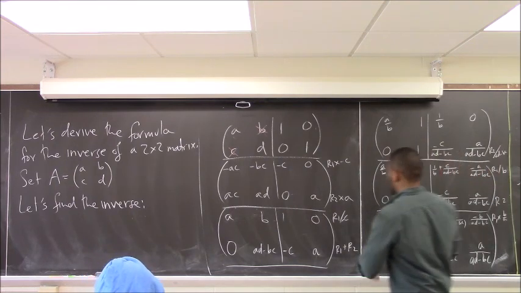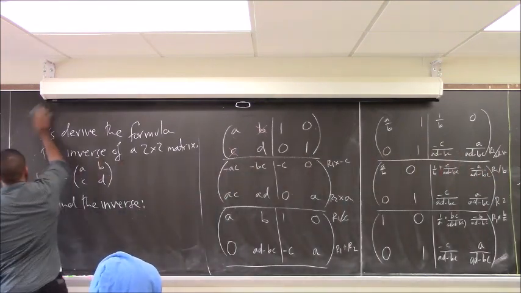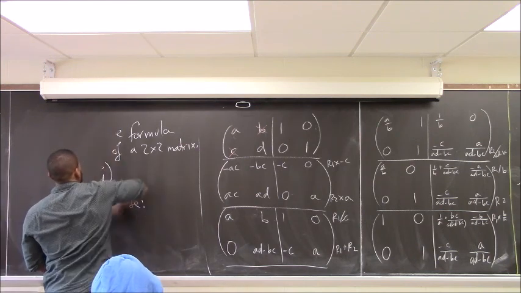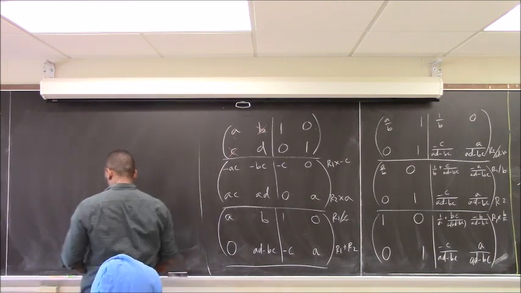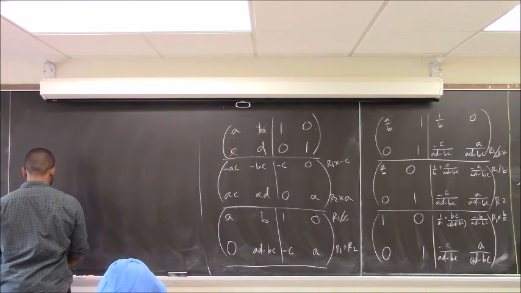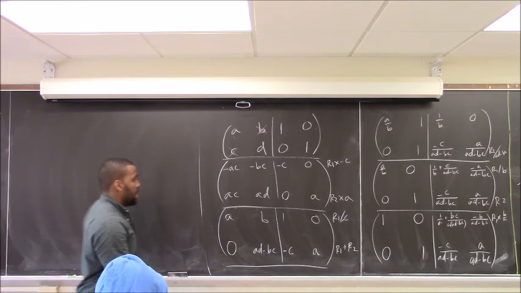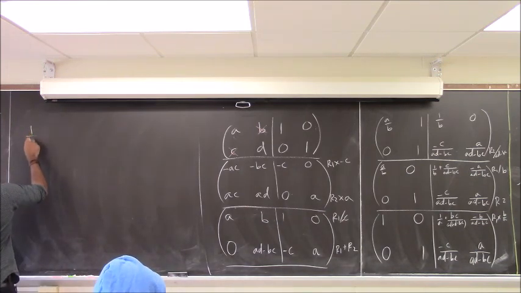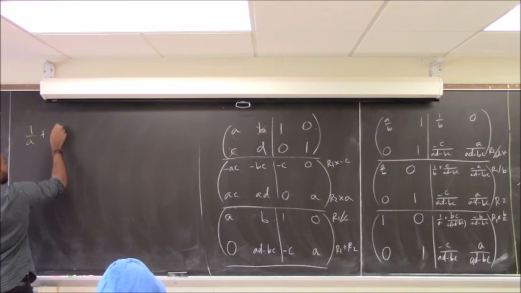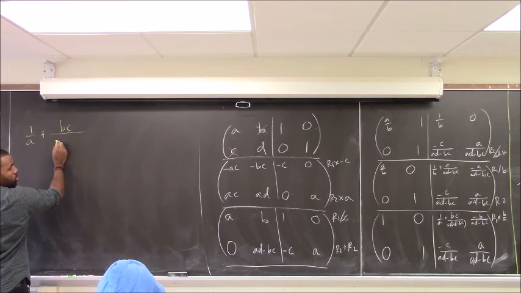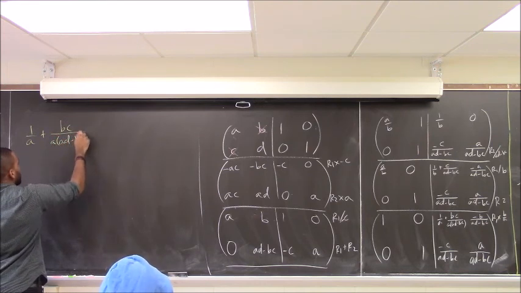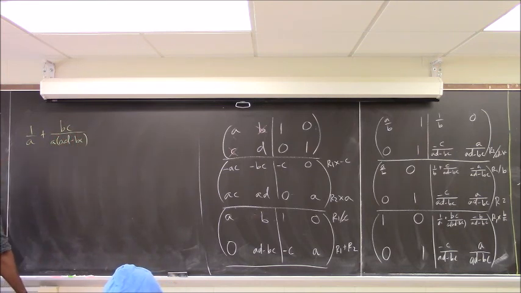Let's clean this guy up a little bit. If I have 1 over a plus bc over a times ad minus bc, I want to combine the fractions.